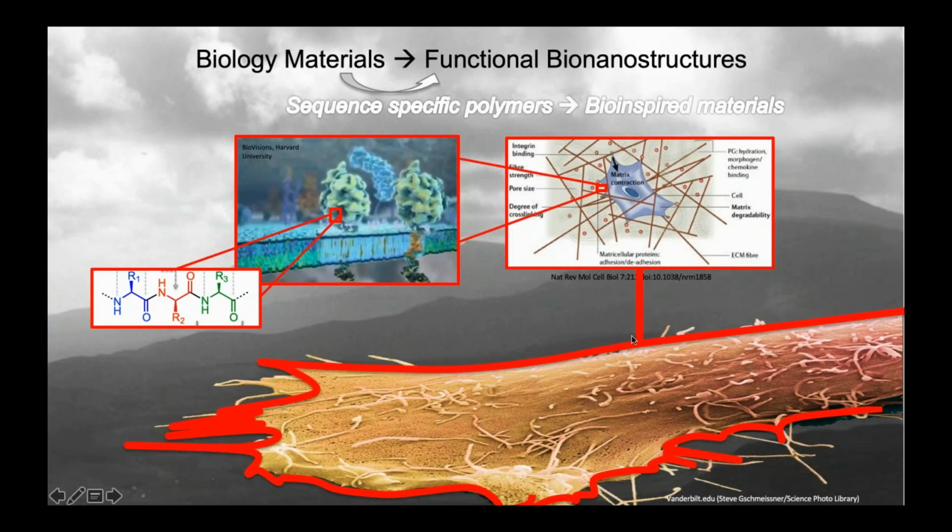And that's directing and giving signals to the cells of basically where it is, what its environment is. But of course, at the nanoscale, it is interfacing with just the cell membrane, for example.